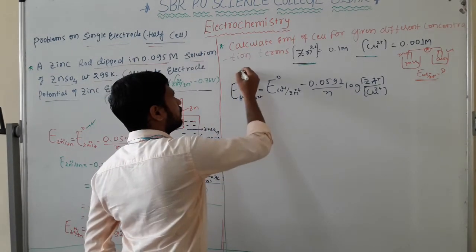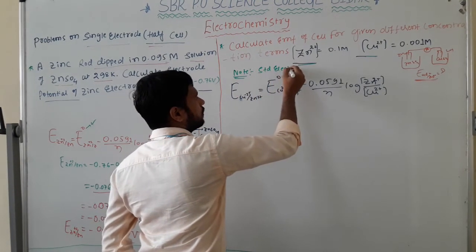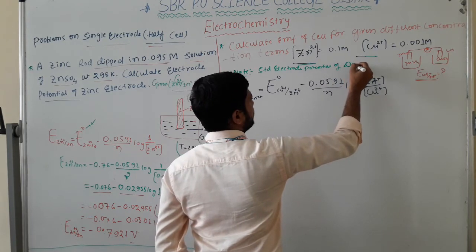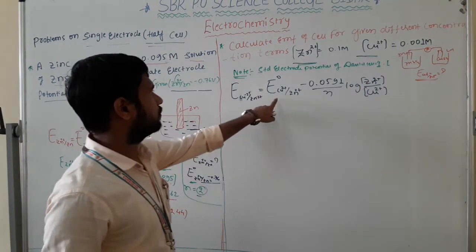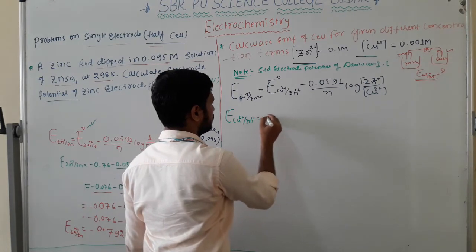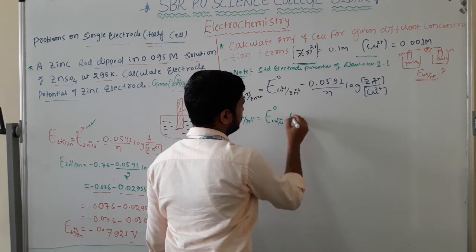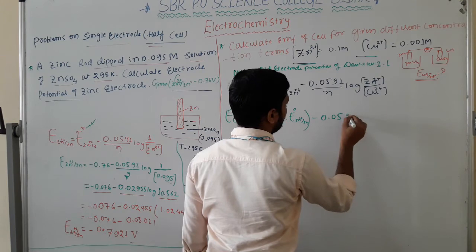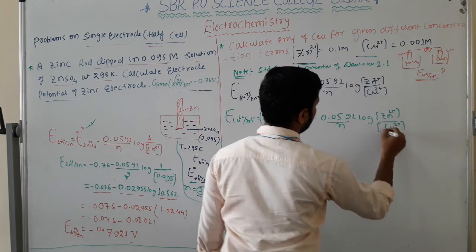Note: the standard electrode potential of the Daniell cell is already known, 1.1. After this, the potential difference Zn2+ minus Zn, I can also write as E naught of copper minus E naught of Zn2+ Zn, minus 0.0591 divided by n, log of Zn2+ divided by Cu2+. Now it is very easy for you to write down.